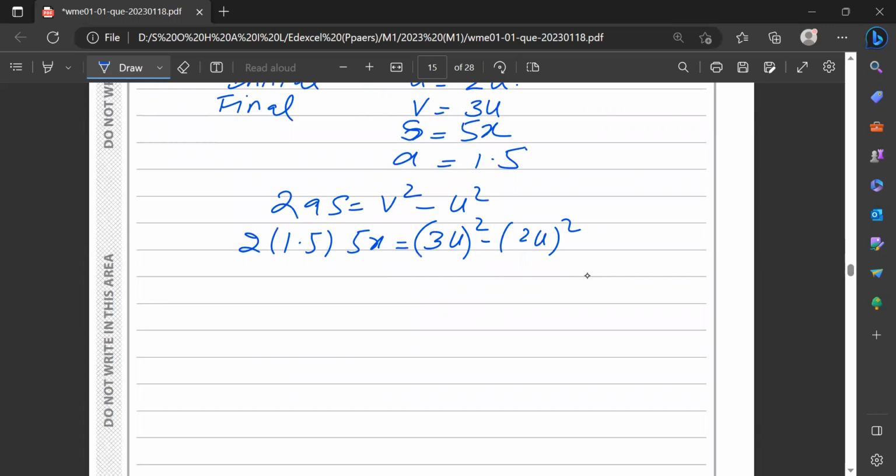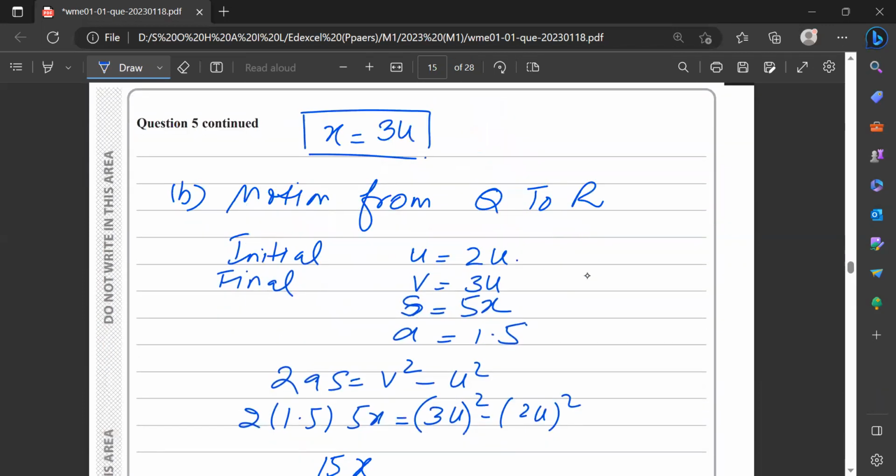So on the left hand side we have 1.5 multiplied by 1.5 multiplied by 5 multiplied by 2, which is 15x.